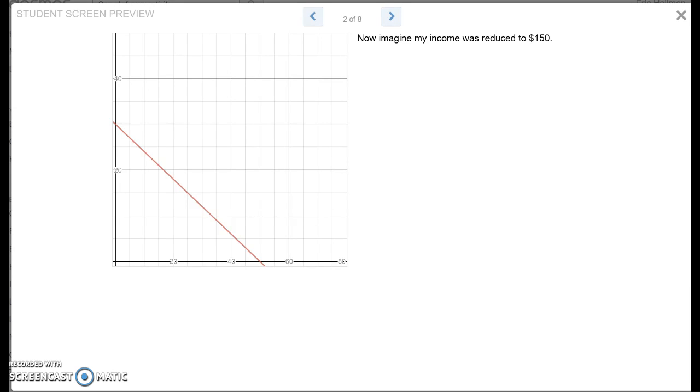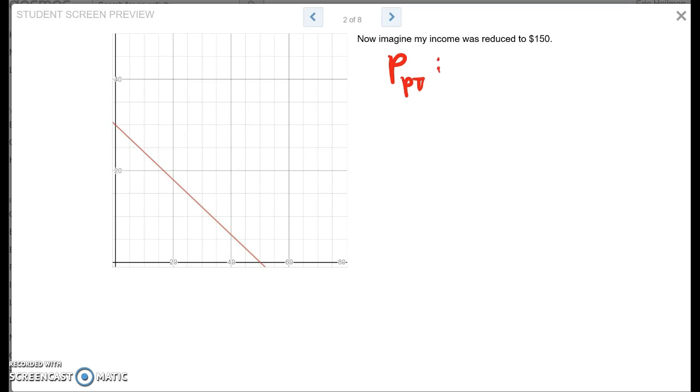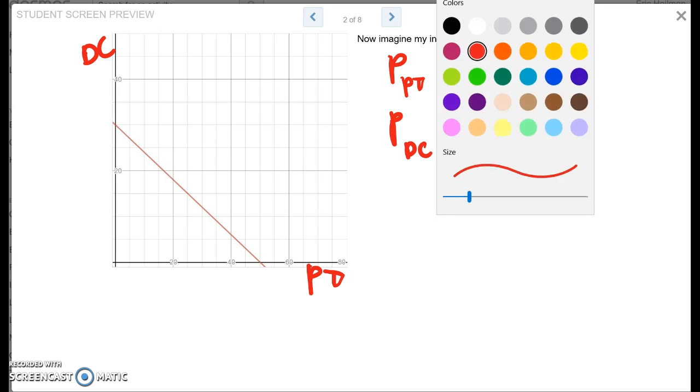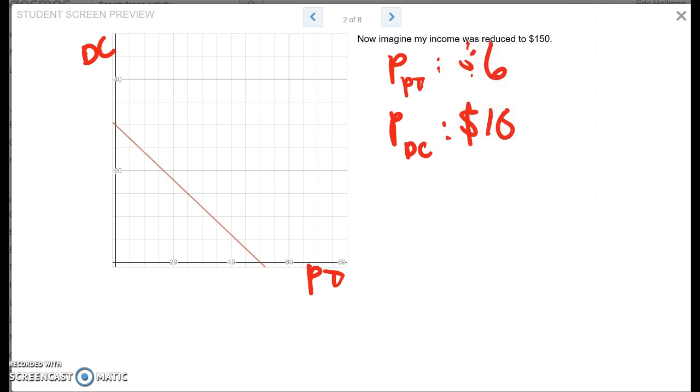So remember, the price of Pop-Tarts was $6. Price of Diet Coke was $10. Okay, so if I spend all of my money on Diet Coke, I'm only going to be able to afford 15 cases.